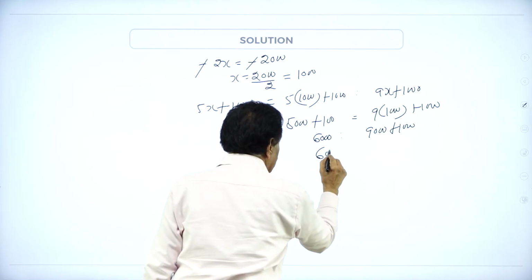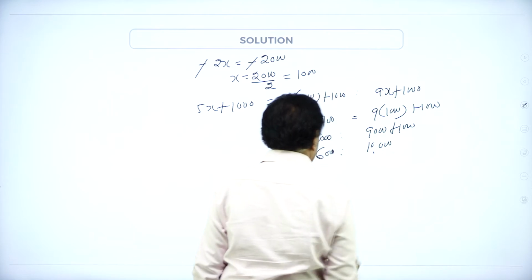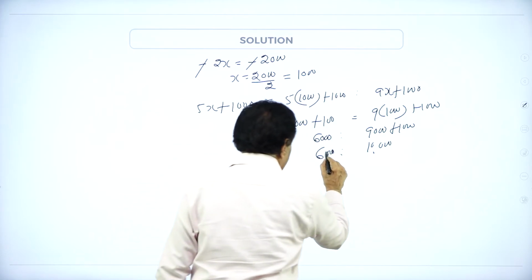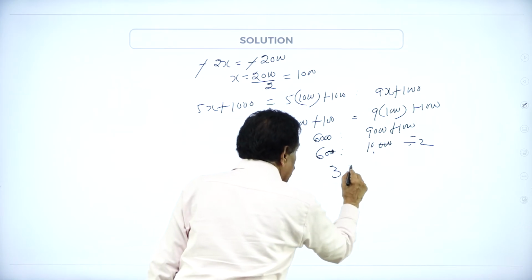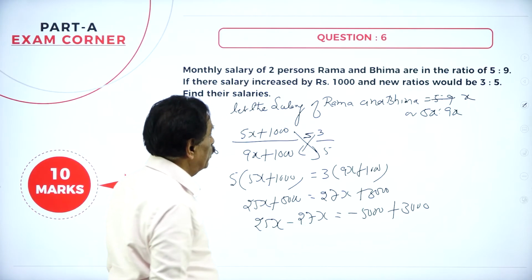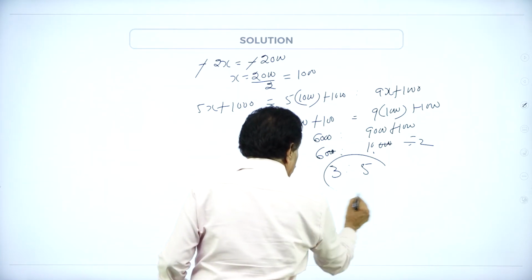This is 6000 to 10,000. So cancel the 0s. Divided by 2, 2 3s are 6, 2 5s are 10. They are in the ratio of 3:5. Same. Proved.